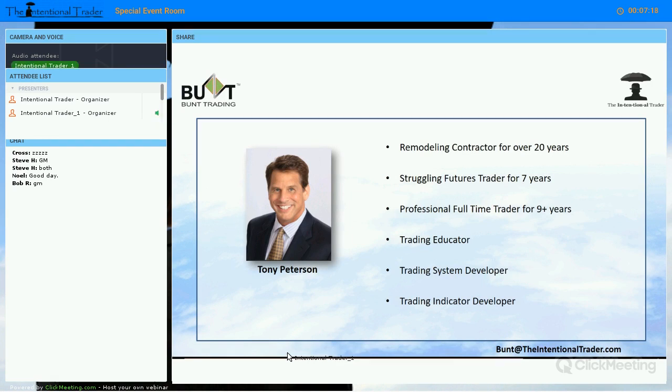So most of the system development and indicator development came about simply to take the concepts that I realized were very valuable and important, and take some of the very complex analysis and boil it down to something very simple, and then make it simple to read and make it simple to trade.